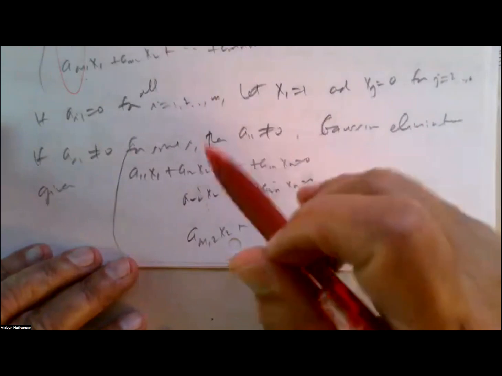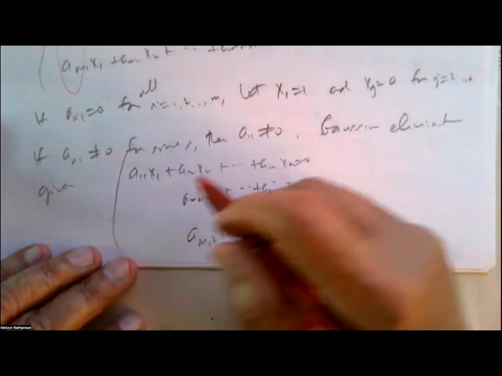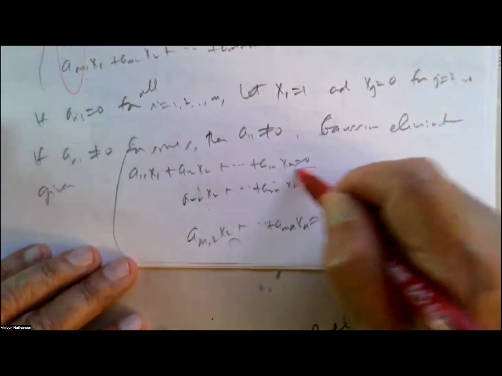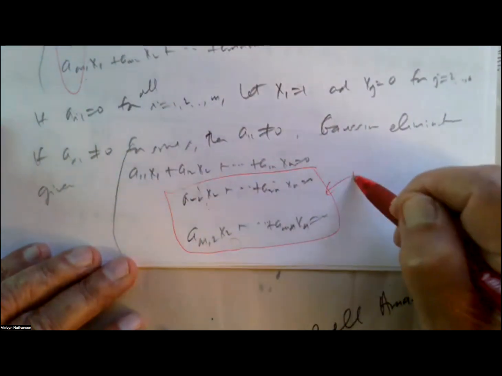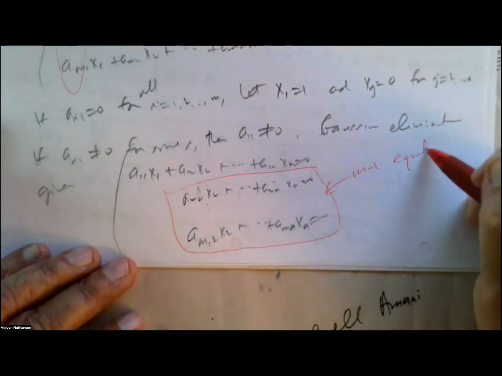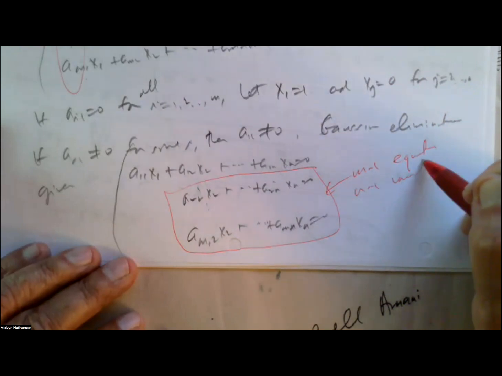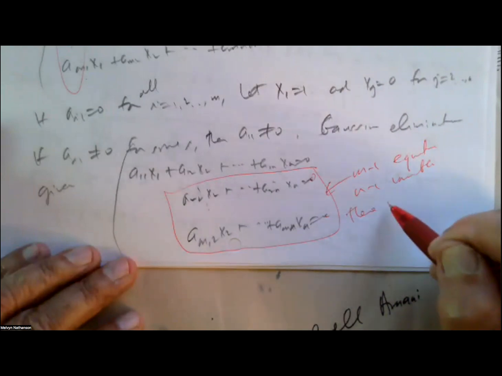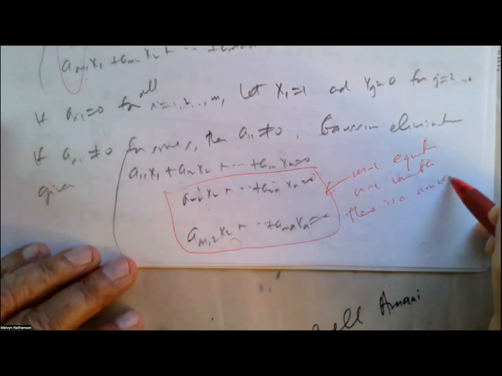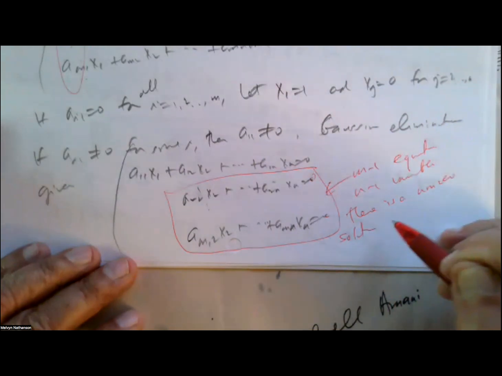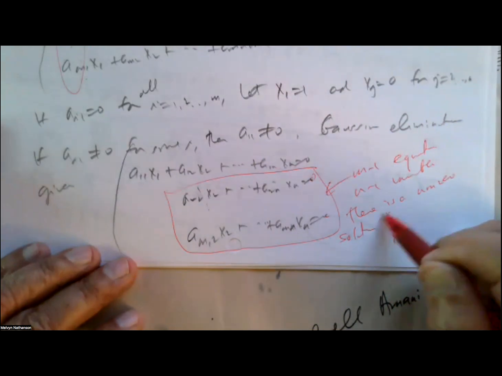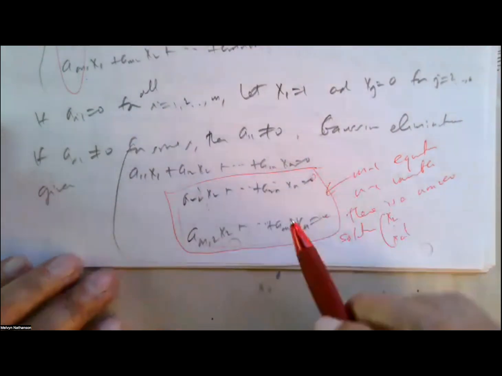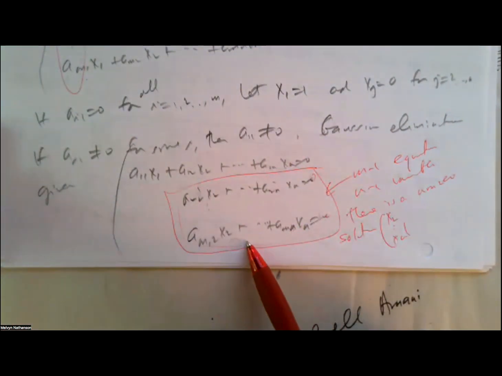Now, if you look at that system, again, we have m equations and n unknowns. But if you look at all but the first equation, here we have m minus 1 equations, n minus 1 variables, homogeneous. So there is a non-zero solution, x2 down to xn, for this mini system of m minus 1 equations in n minus 1 variables.